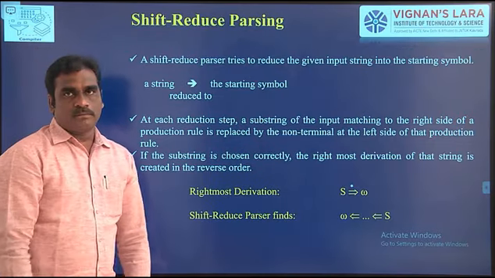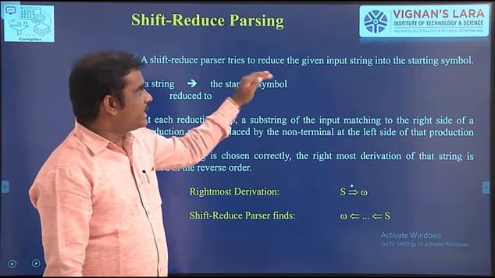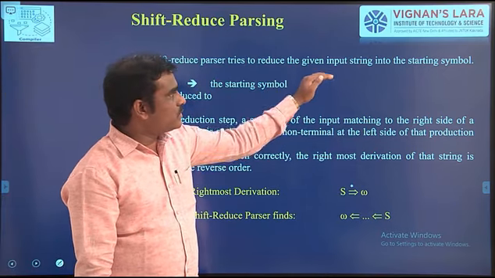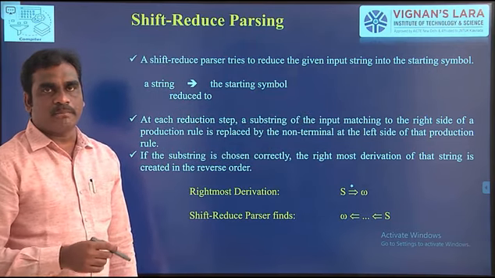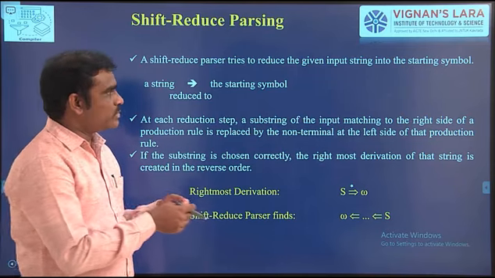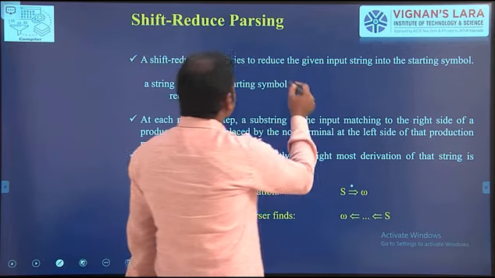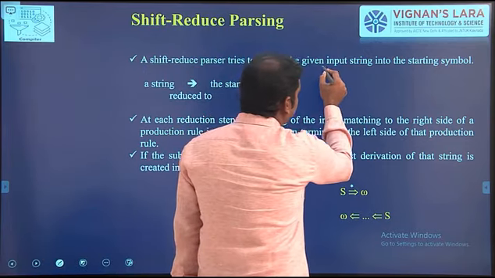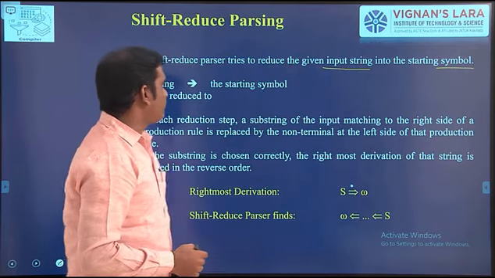Now, shift reduce parser. A shift reduce parser tries to reduce the given input string into the starting symbol. I have already mentioned that the bottom up parser is a reverse approach: it starts with the input string and moves towards the starting symbol of the grammar. So bottom up parser or shift reduce parser goes from input string to starting symbol.